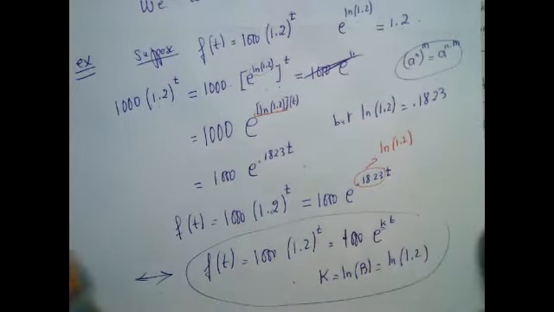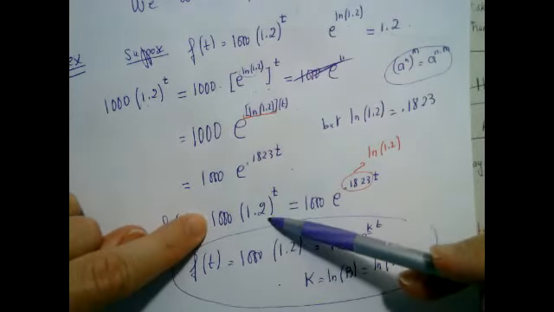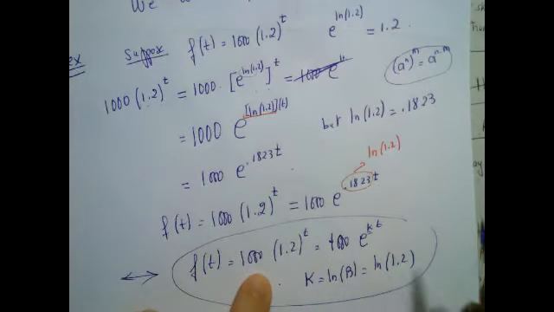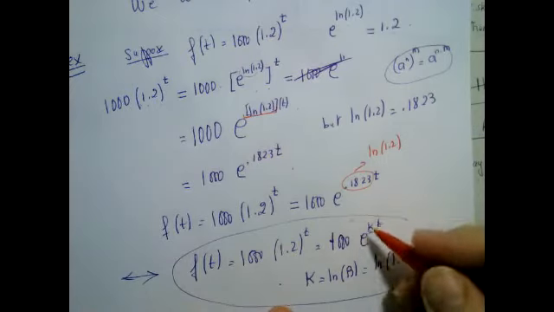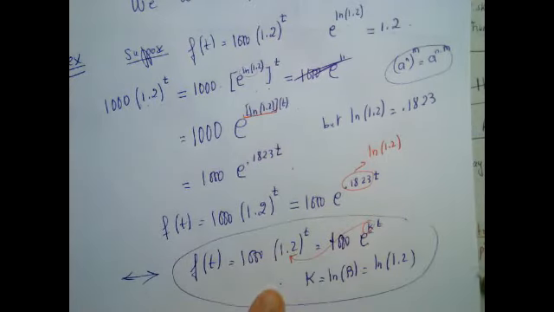So that's really how we're going to rewrite it. Every function written this way can be rewritten as 1000 e to the kt. And what is the k in here? The k was nothing more than the ln of 1.2.